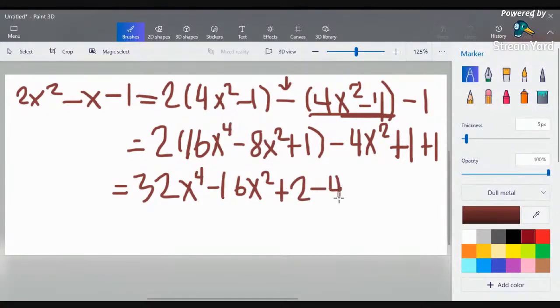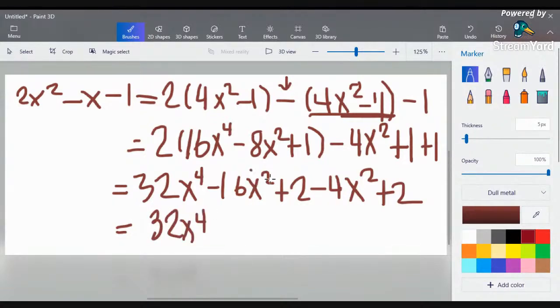Minus 4x squared. 1 plus 1 is equal to 2. So we can have our final answer as 32x to the fourth, negative 16 and minus 4 is negative 20x squared. And 2 plus 2 is equal to 4. This will be our answer for letter E. Okay. And after letter E, we also have our letter F.